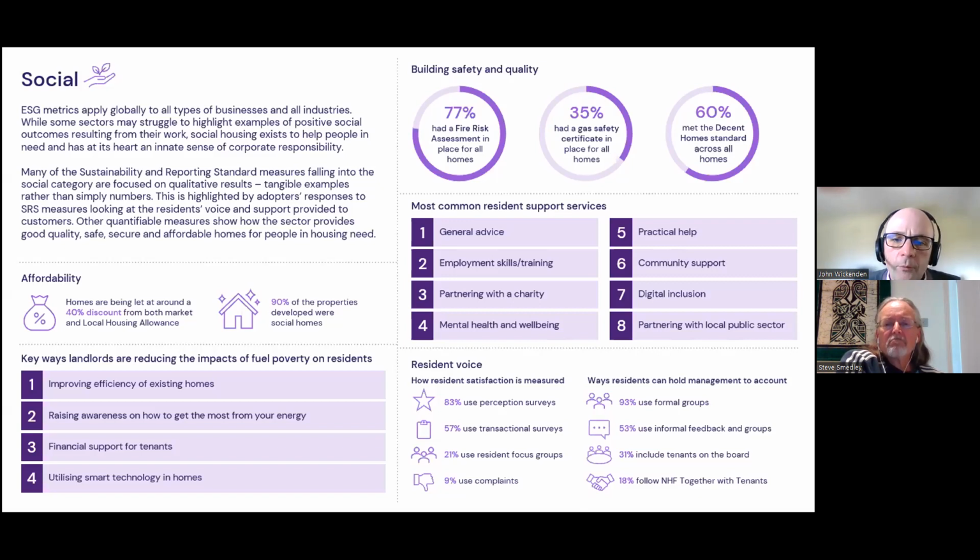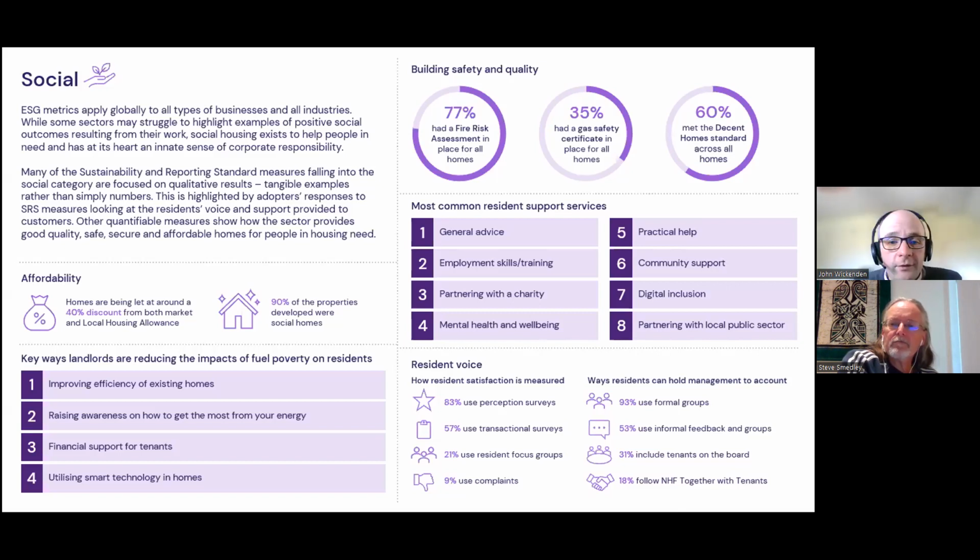So looking at ways residents are involved, there are formal groups and informal feedback as well. The use of formal groups is quite well embedded, although I guess the regulatory emphasis on this has waned slightly over the last decade. I can see it coming back in much more with the white paper and subsequent consumer standards that the regulator is looking at in England.